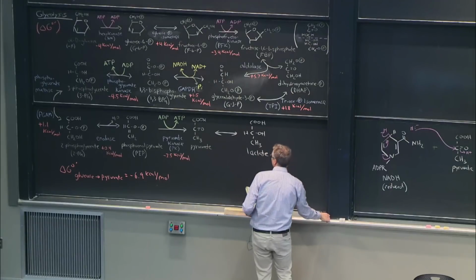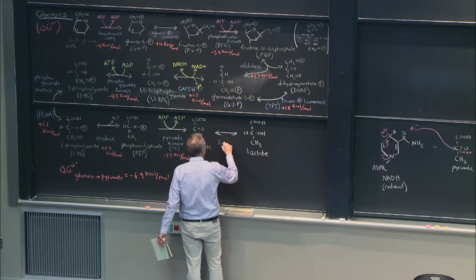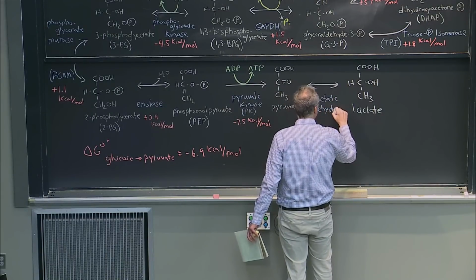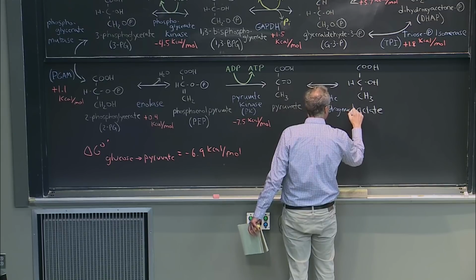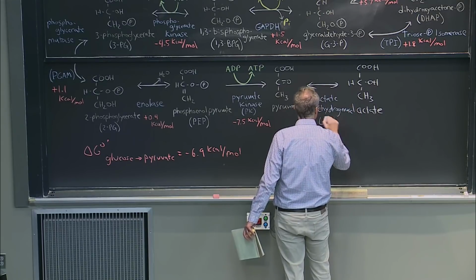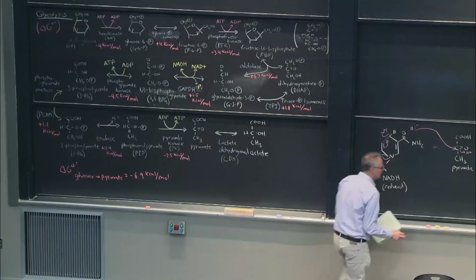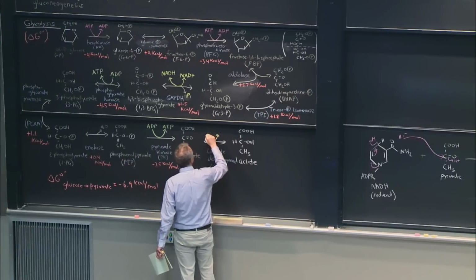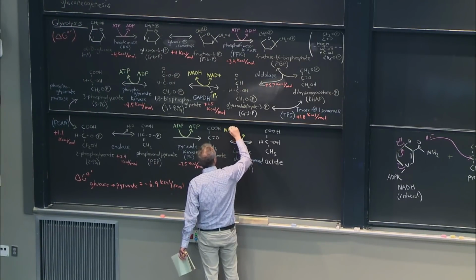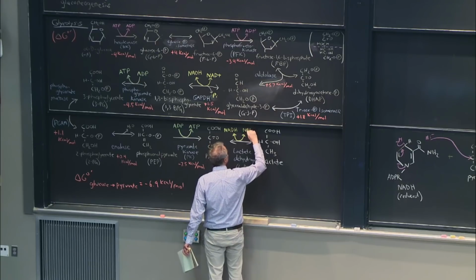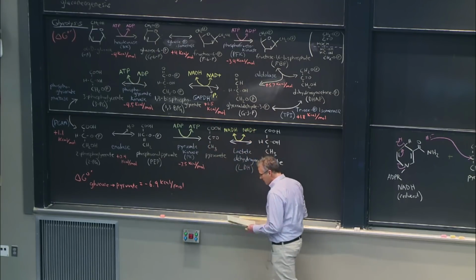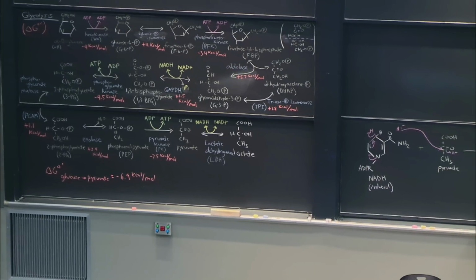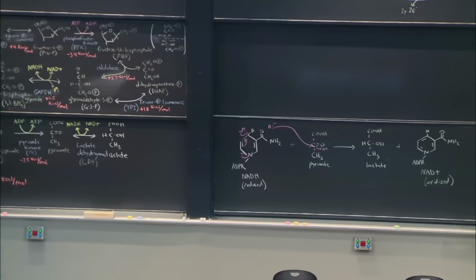This step is catalyzed by the enzyme lactate dehydrogenase, often abbreviated LDH, and that allows regenerating the NAD plus that's needed for the GAPDH step, which allows us to deal with the stoichiometry problem of the entire pathway.